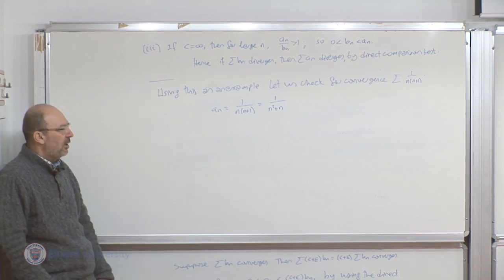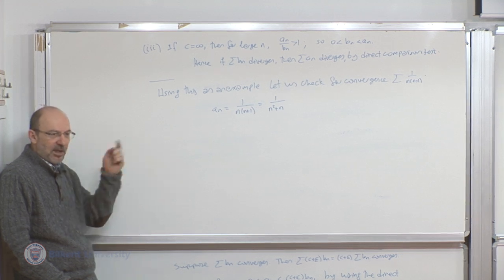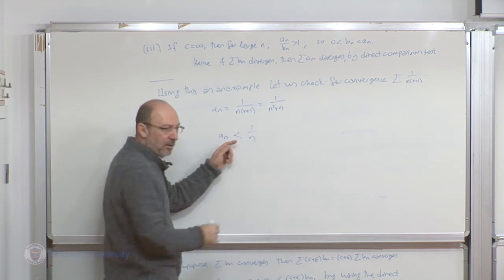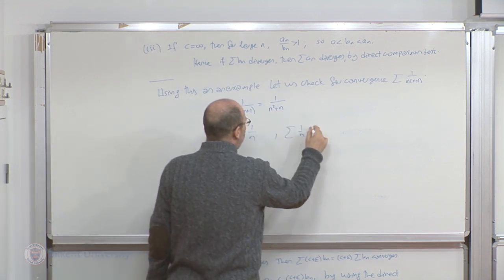Is this strictly less than some series which we know converges? Well, how many series do we know? We know only geometric series and p series. This doesn't look like a geometric series, so we will compare this with a p series. This either looks like 1 over n squared or 1 over n. This is less than 1 over n, so An is less than 1 over n, because I'm dividing by something else. But summation 1 over n diverges.